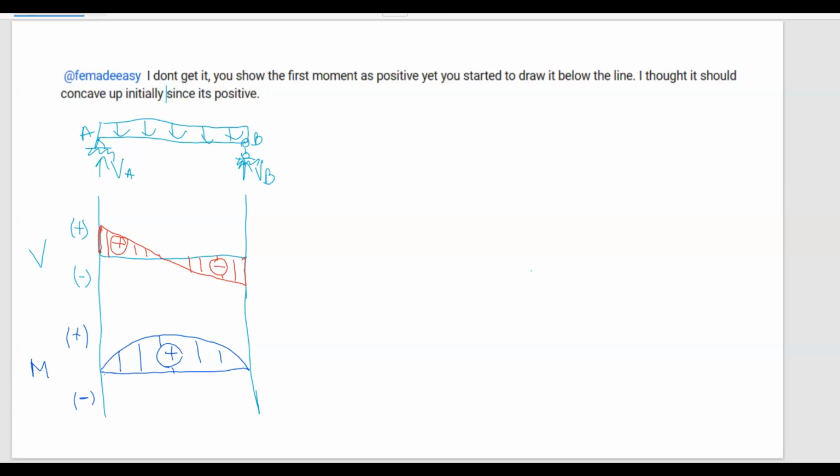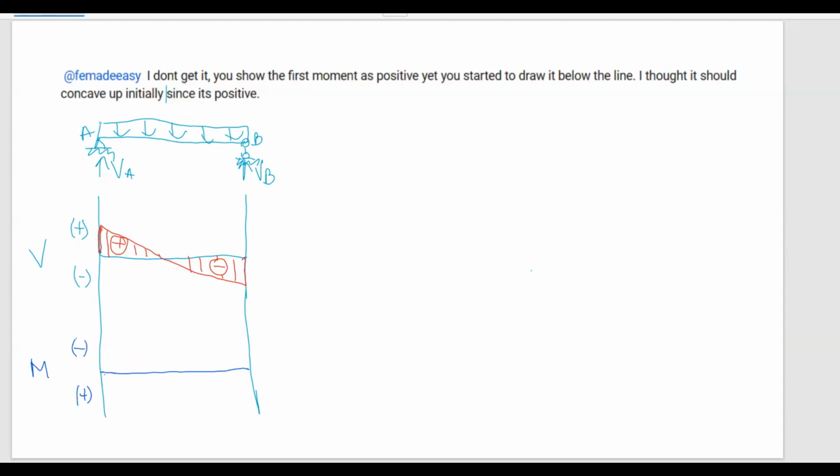And it's not to say it's right or wrong. It's just that the way I do it, I'll tell you the reason why we were taught to do it this way. We were actually shown that as long as you show the signs here on the left, I'm going to put minus at the top and positive at the bottom.